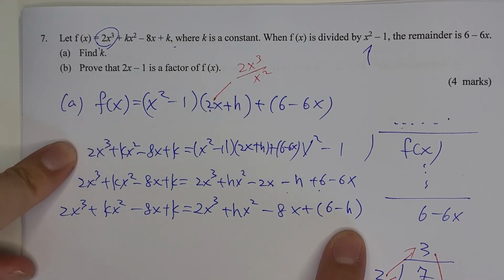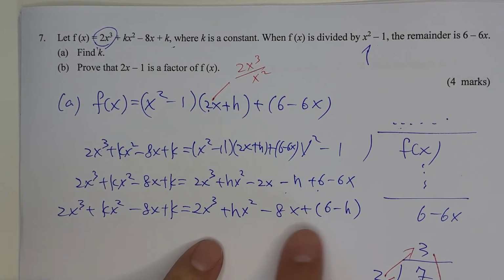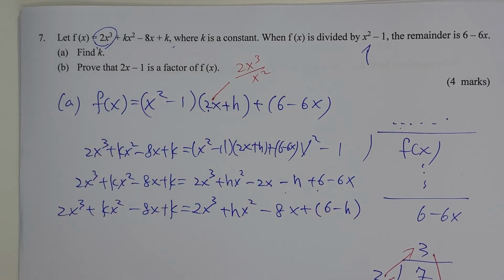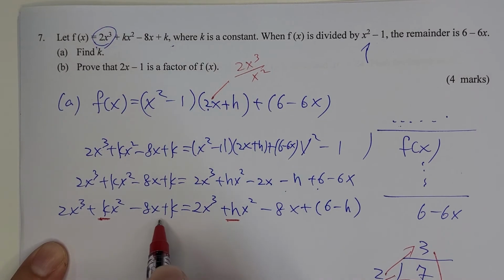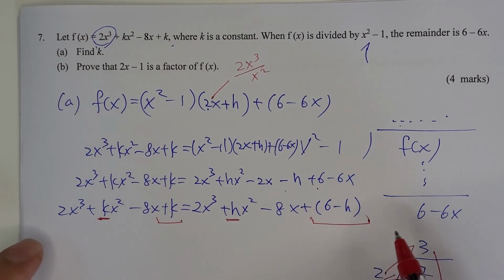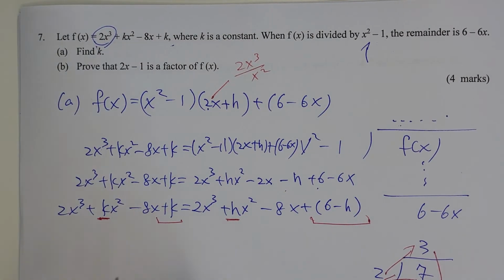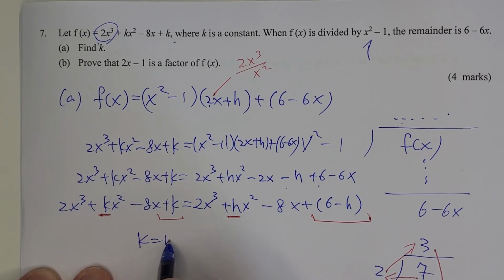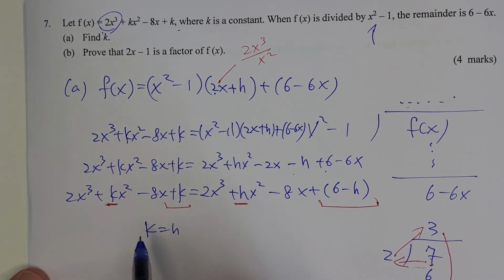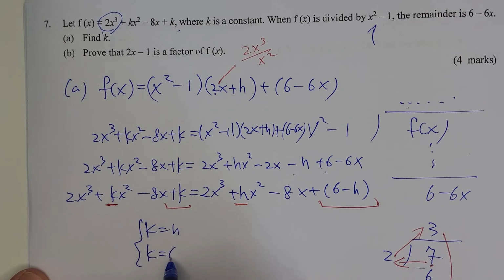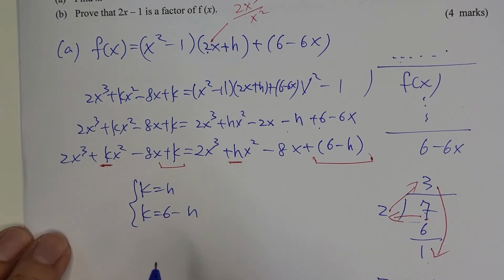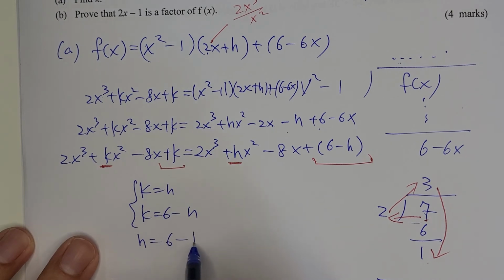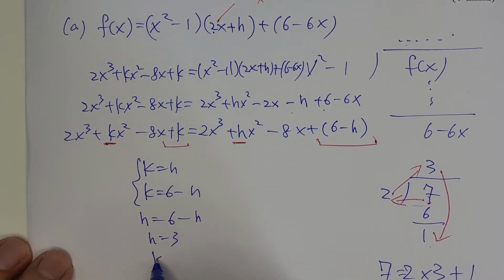This equation is true for all values of x. Therefore, you compare the coefficient of x squared and the constant term. So you get k equals h, also k equals 6 minus h. So you can solve the equation: h equals 6 minus h, and h equals 3. Hence, k also equals 3.